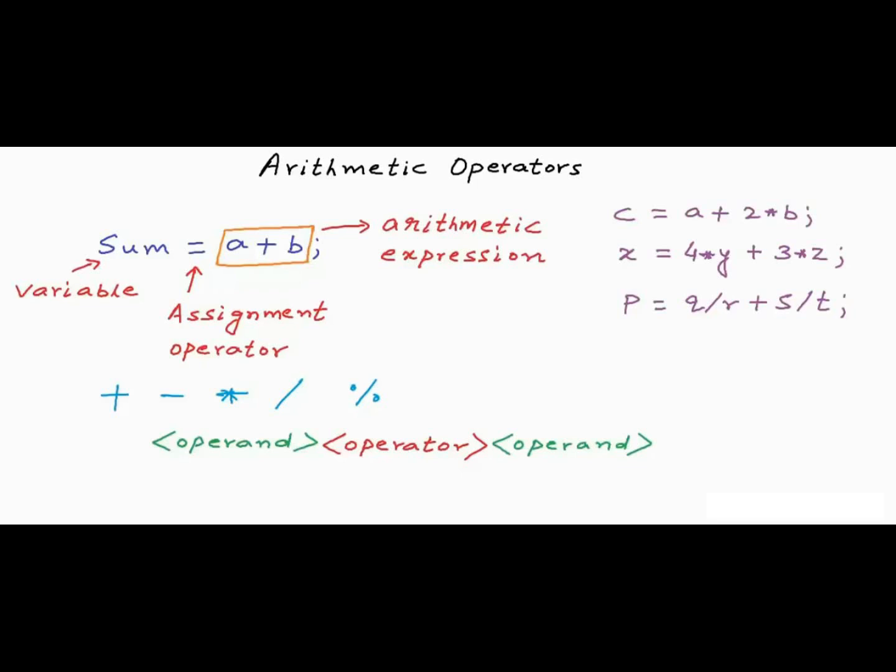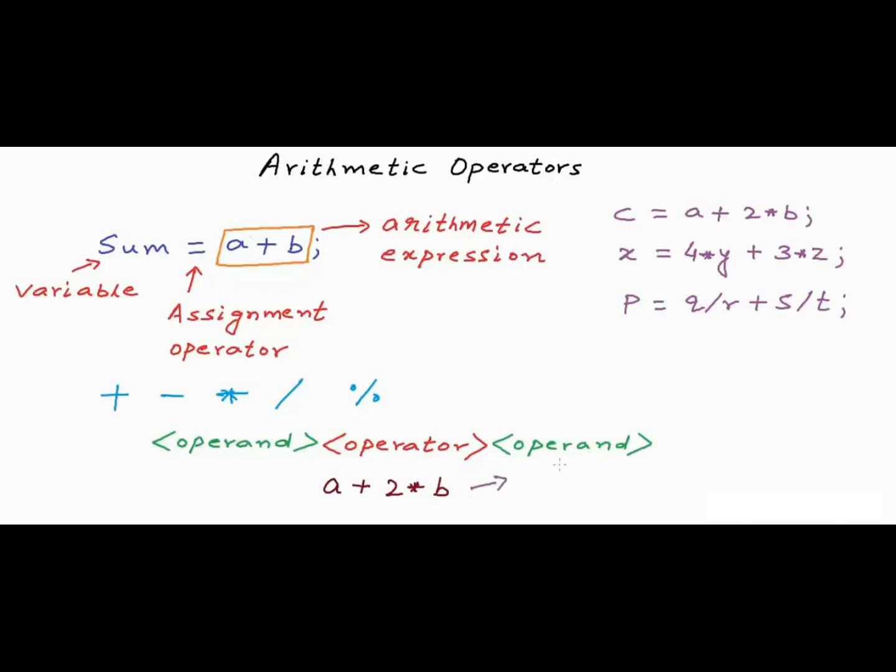Let's pick this expression: a plus 2 into b. We have two operators here, addition and multiplication. Now can you tell me the operands for each of these two operators? Well, it will depend upon which operation we are performing first.